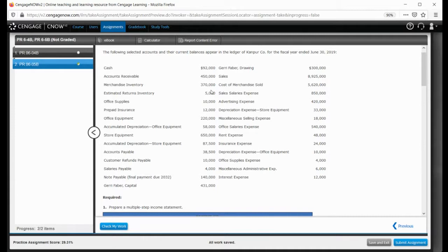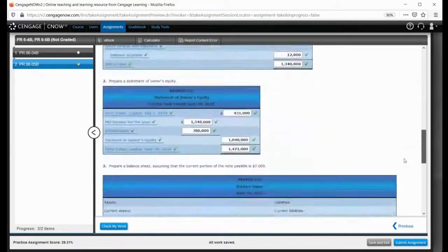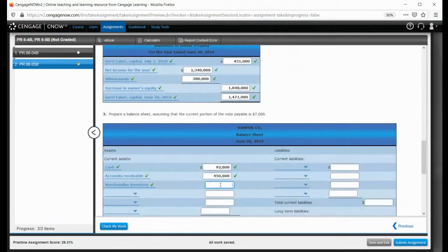The merchandise inventory is $370,000, and we're expecting to convert that to cash within the year. We're expecting to sell this merchandise inventory. Merchandise inventory is a current asset. All inventory accounts are current assets.